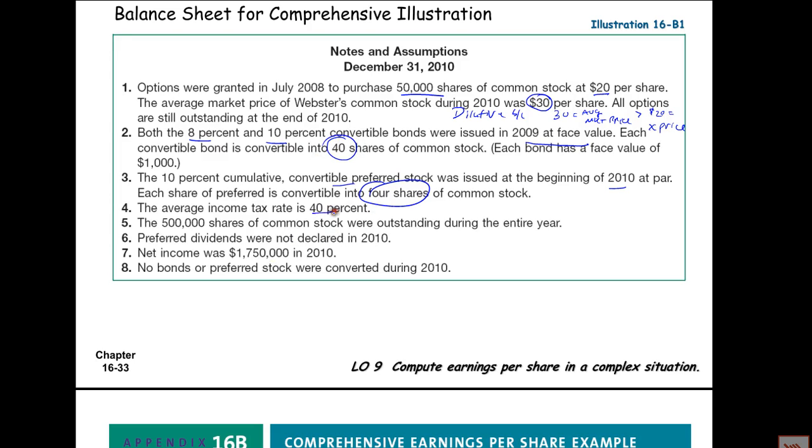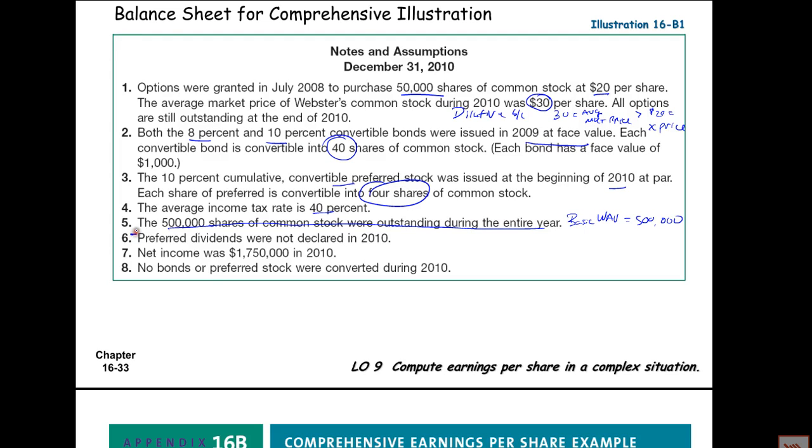Here's the tax rate, so we can adjust interest net of tax. 500,000 shares of common stock were outstanding the whole year. So basic weighted average shares equals 500,000. They're not making the weighted average share calculation complicated because that's not what we're focusing on.